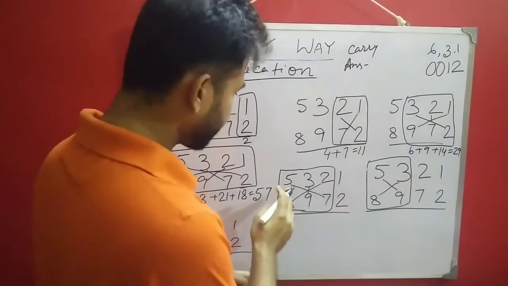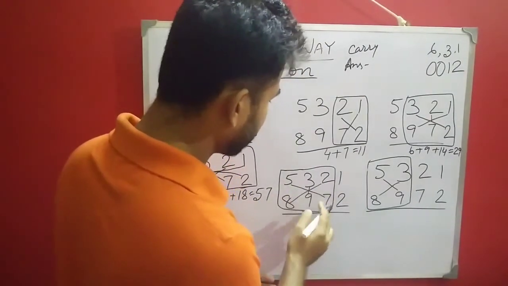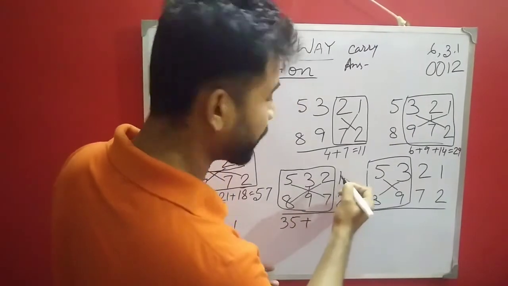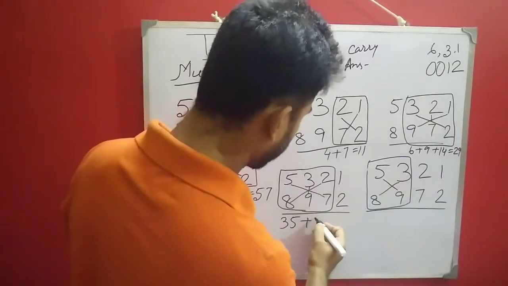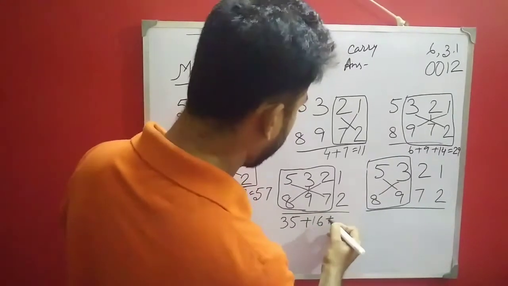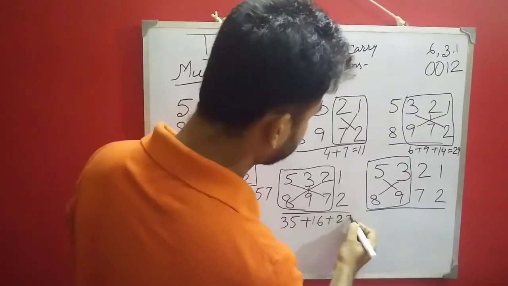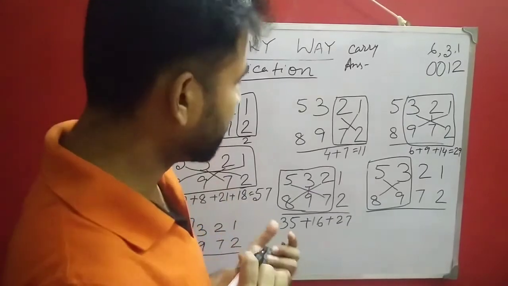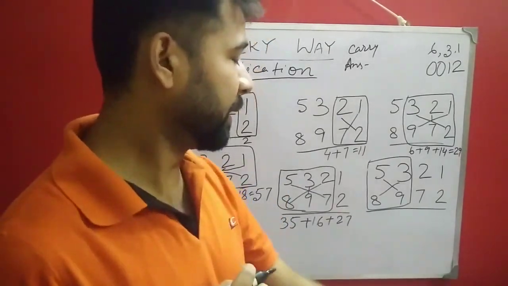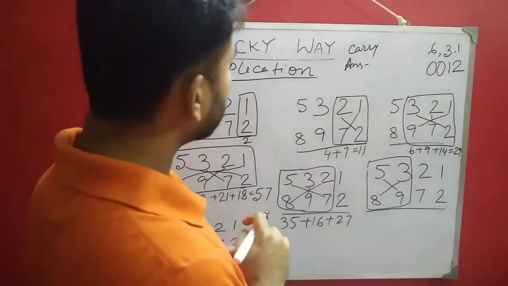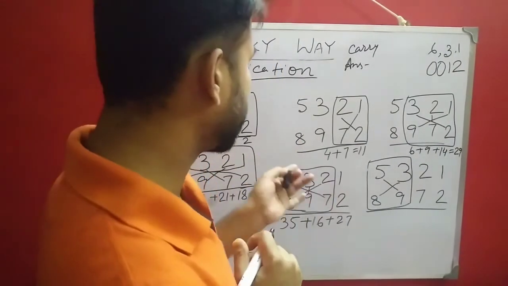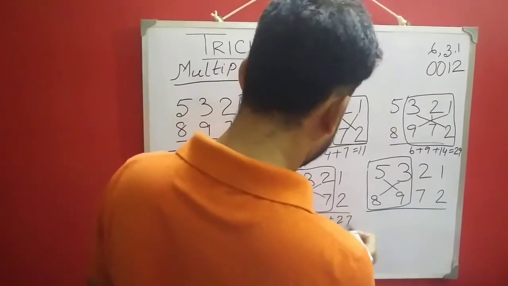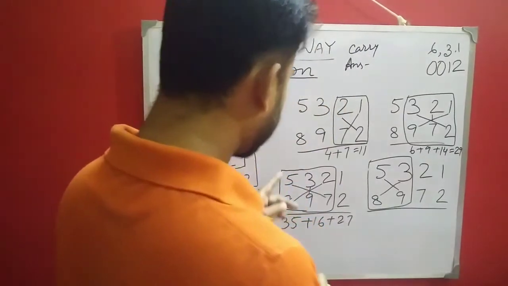And now 5 into 7, 35. 35 plus 8 into 2 equal to 16, plus 9 into 3 equal to 27. Is it clear to you? I hope you understand all the steps which have been done by me. So what is the result?